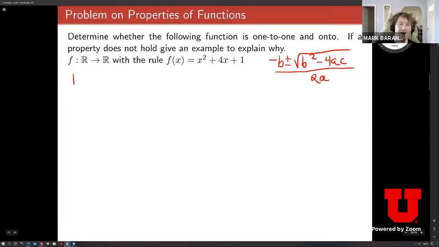So we have our function f of x from the reals to the reals, and we are deciding if it's one-to-one and onto. And if either property holds, we need to give an example to explain why. Let's do 1 minute to think about one-to-one.